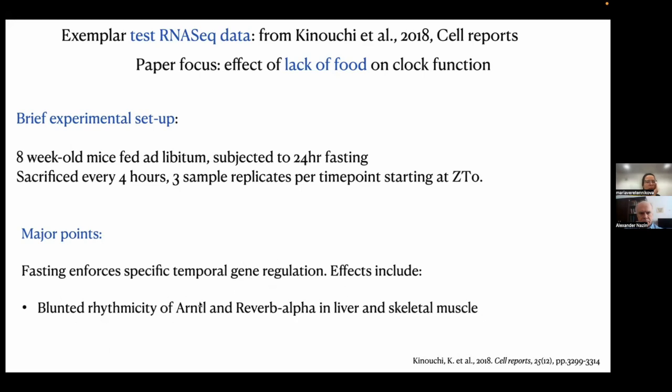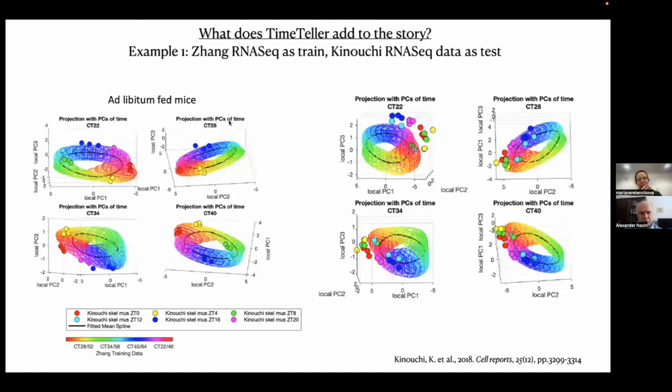There are the genes ANTL and REVAB alpha, which are very important for good clock functionality, and this is exactly what the authors observed: fasting enforces blunted rhythmicity of these genes in liver and skeletal muscle. However, what we did was look at this data in our context, let's say.